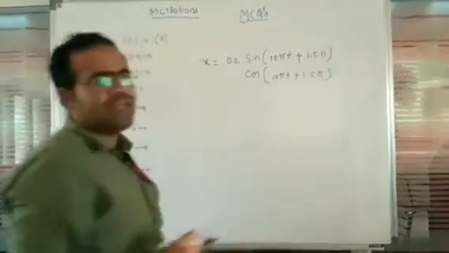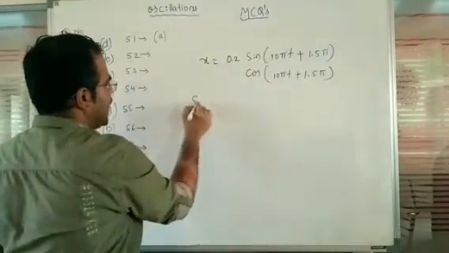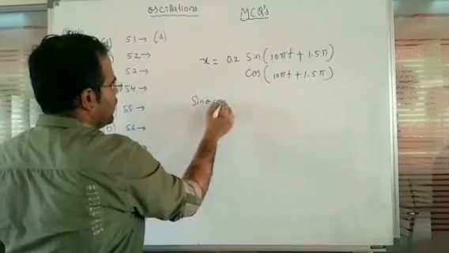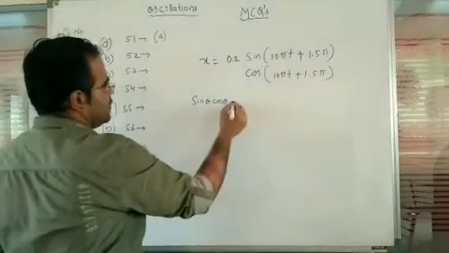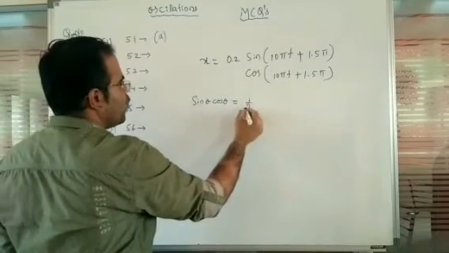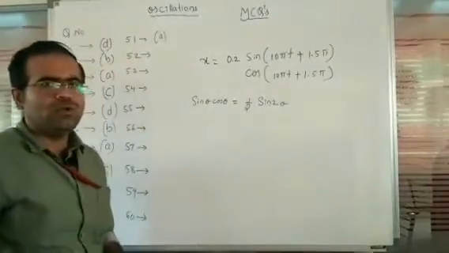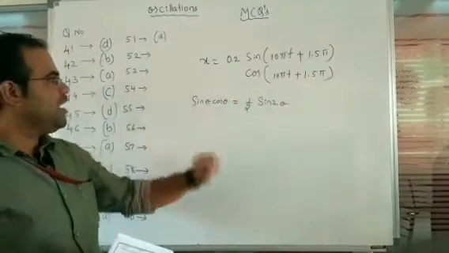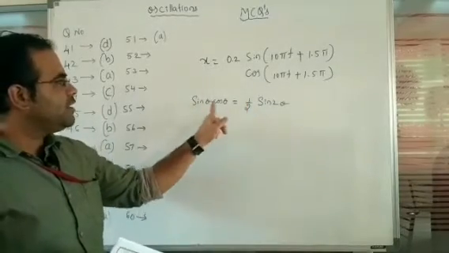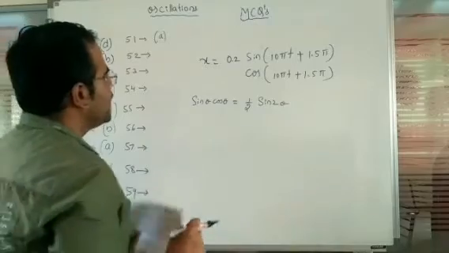So this is the given equation. Now we have an equation like sine theta into cos theta, which can be taken as 1 by 2 sine 2 theta, since sine 2 theta is 2 times sine theta into cos theta.